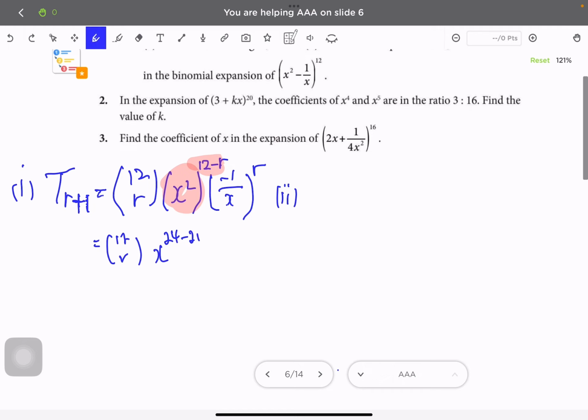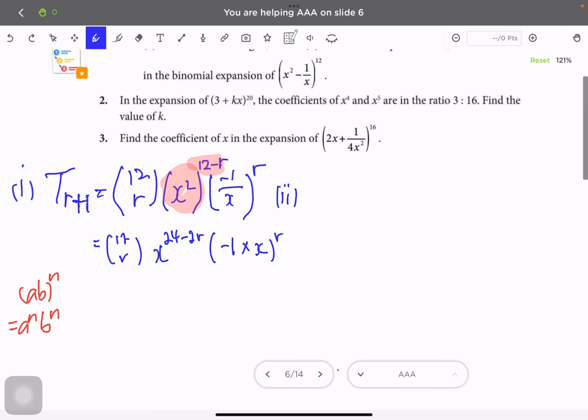What about negative 1 over x to the power of r? I can actually do a separation of minus 1 multiplied by x, using the indices law (ab)^n, which gives me a^n b^n.